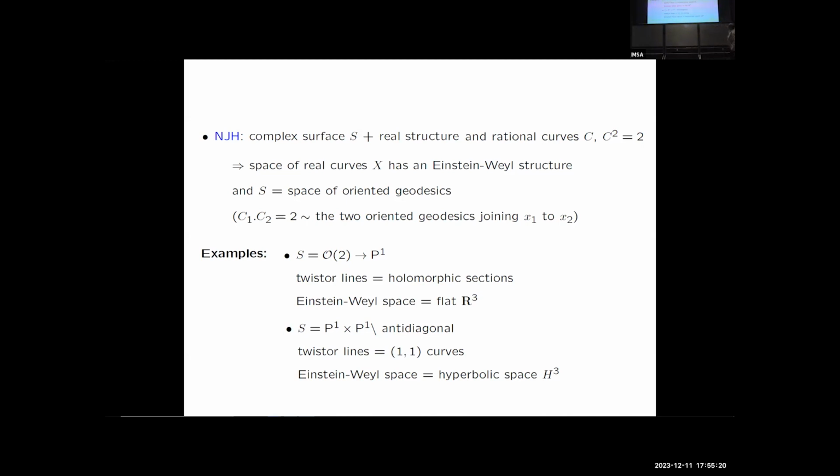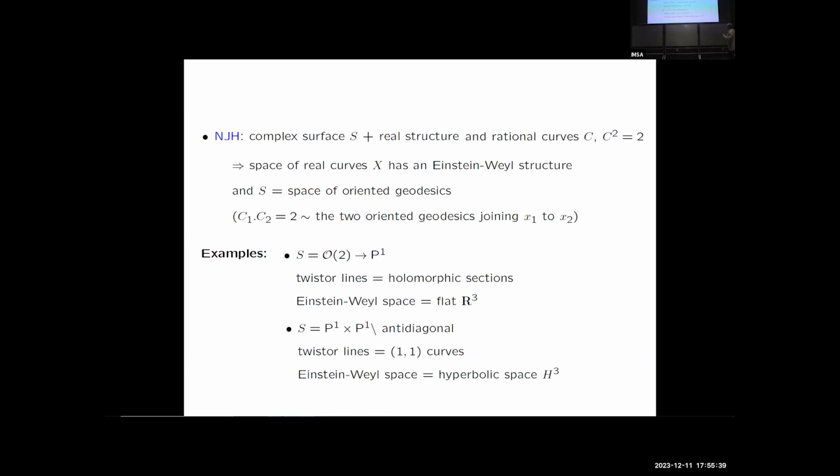My reason for doing it back in the early 80s was to have the right setting for solving monopole equations, Bogomolny equations in 3 dimensions.